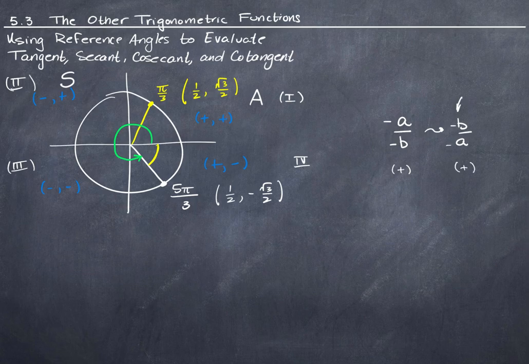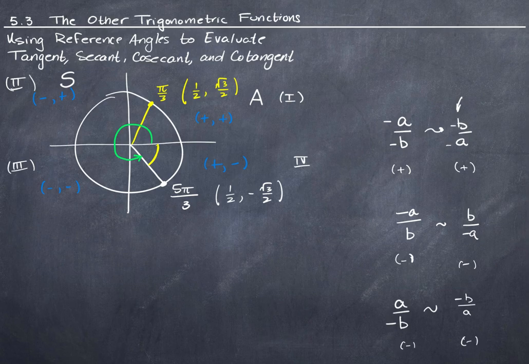If the fraction starts out negative over positive, that's a negative, and you flip it over, you're going to get a positive over a negative, but that's still negative. And if you have a positive over a negative and you flip it over, that's a negative, then you're going to get a negative divided by a positive, which is also a negative.